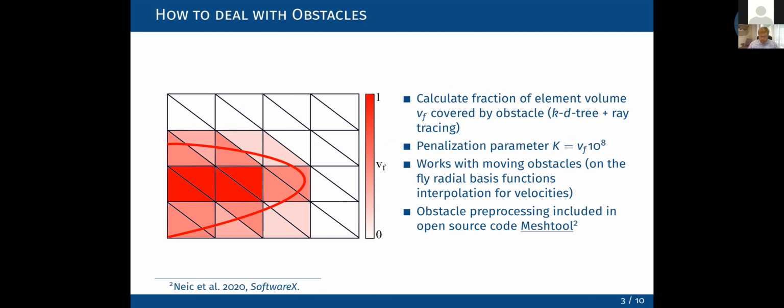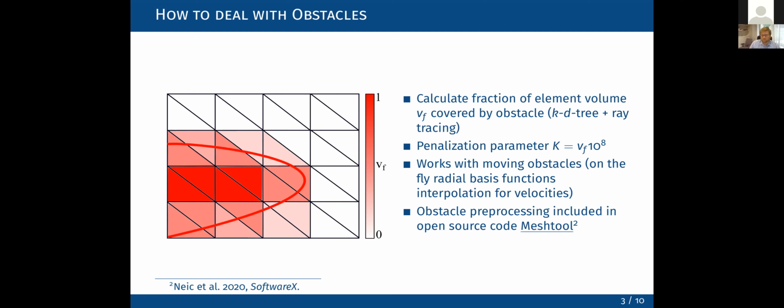So the question I presented first was these areas of low and high permeability. If you're familiar with immersed boundary methods, you also need at some point to somehow immerse the obstacle or heart valve or whatever you want to model into your computational domain.